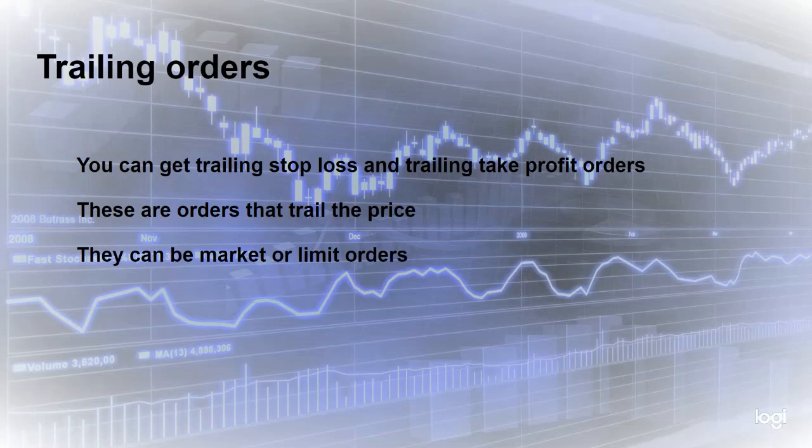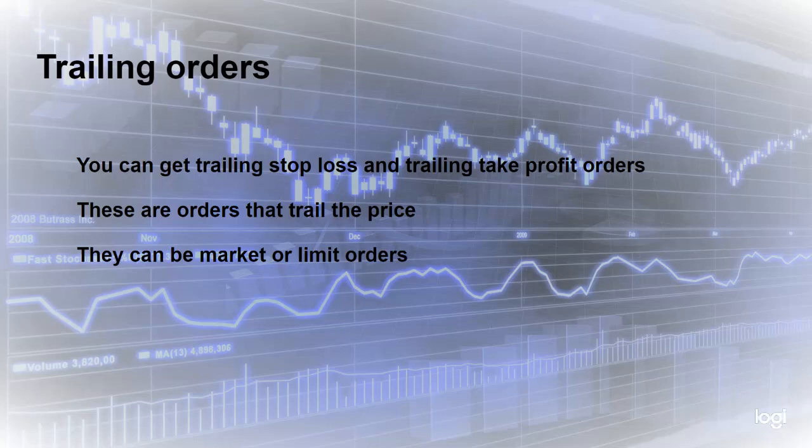Say Bitcoin spikes up and all of a sudden goes to 9,500 in one big candle, then your trailing order will trail with the price, and if the market tops at 9,500, your trailing take profit will end up being 9,450. Then if the market retraces that 50 points, it stops you out and locks in that profit.